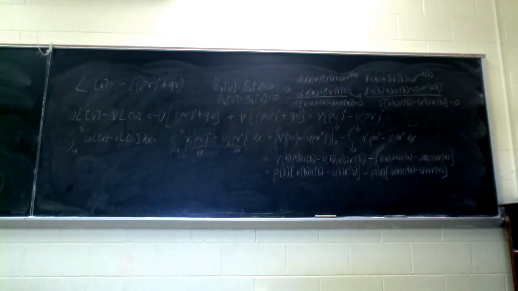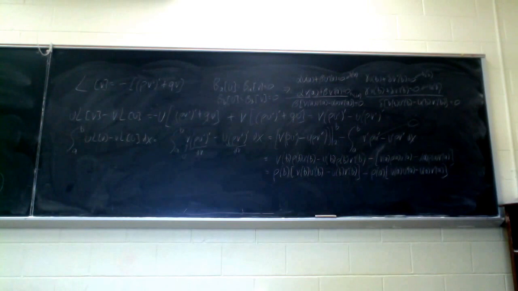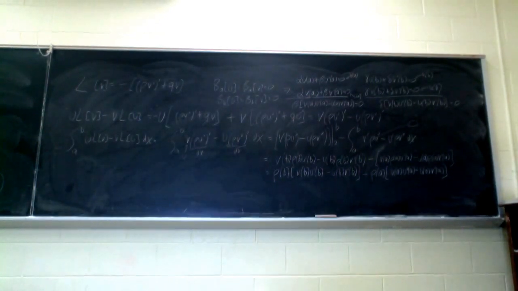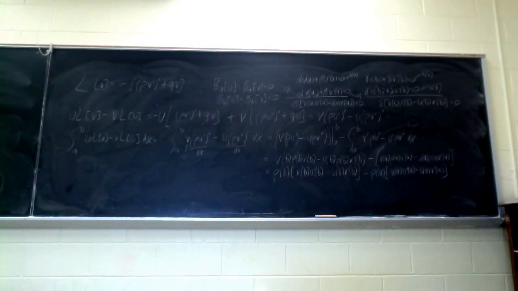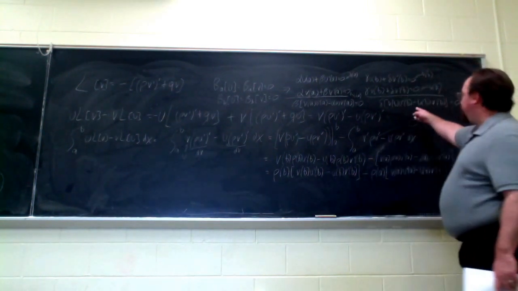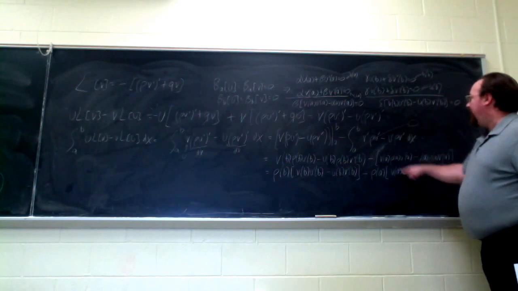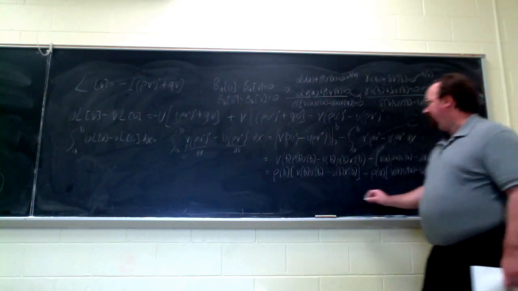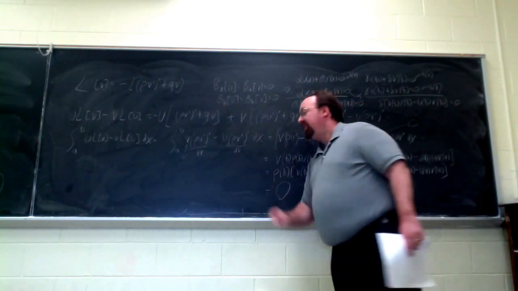Like if I have Dirichlet conditions on both sides, we can already see these are 0. If we have Neumann conditions on both ends, this is also going to be 0. But these expressions are exactly what we have here and there. So we get a big old 0.